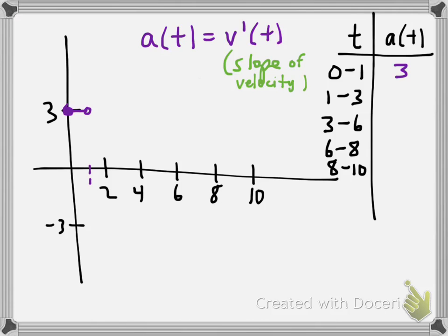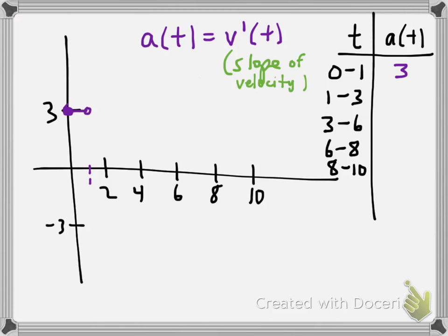So when you see the graph of the velocity, you just have to find the slope at every point, and that would be the graph of the acceleration. Again, the acceleration is the derivative of the velocity, and the derivative is the slope. So if we want to graph the acceleration, we graph the slopes of the velocity.